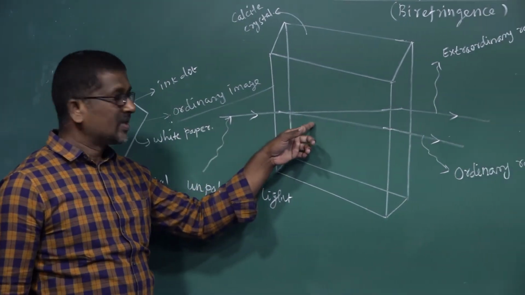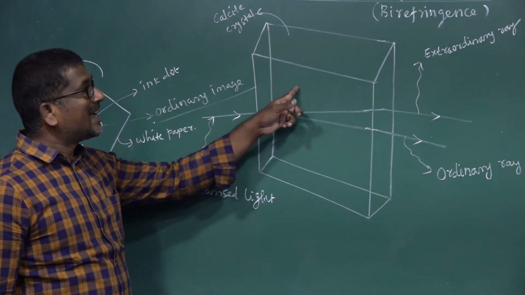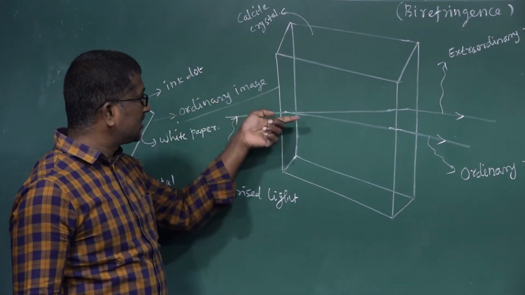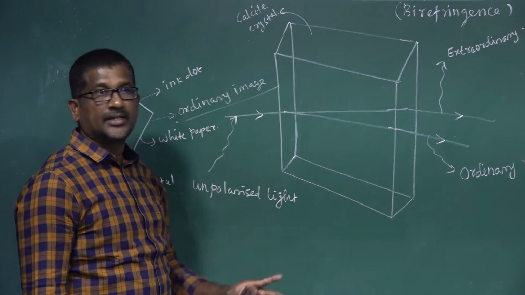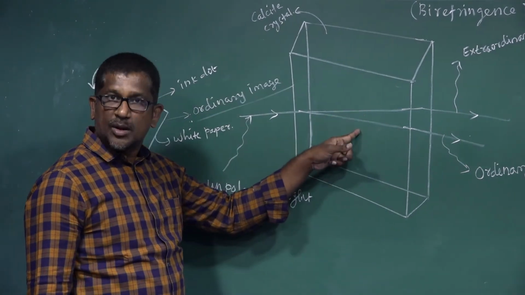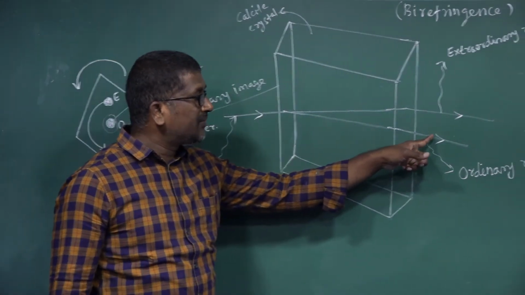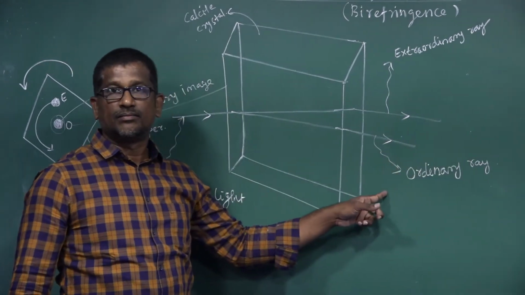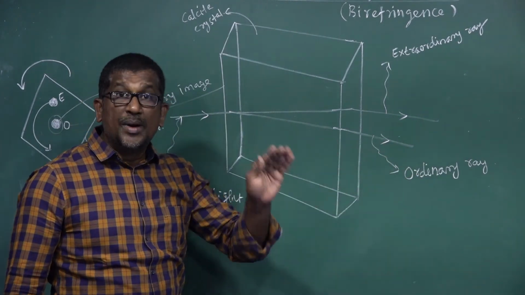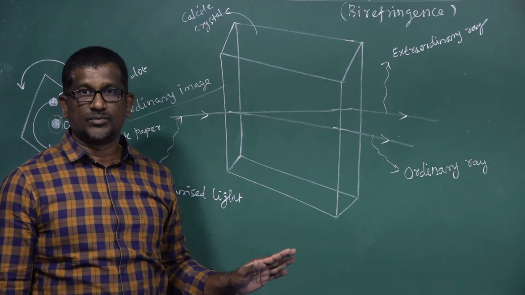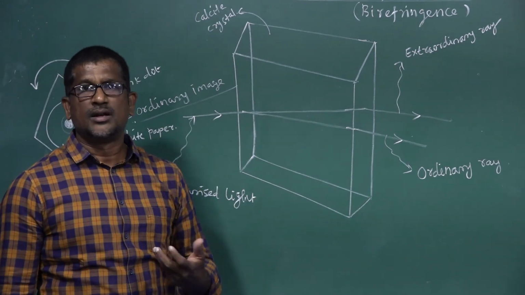See the diagram. This is unpolarized light and this is the calcite crystal. When the unpolarized light falls on the calcite crystal, two refracted rays are produced. One of them is called the ordinary ray, which obeys all the laws of refraction. Already you know what is meant by the laws of refraction.